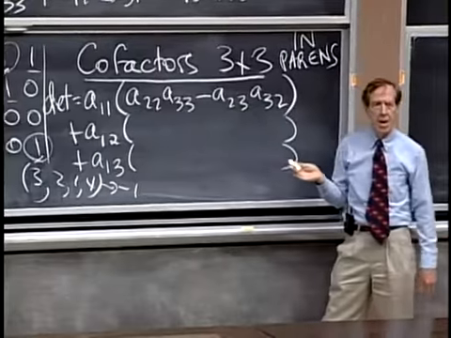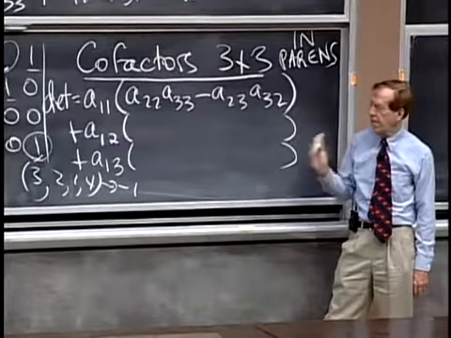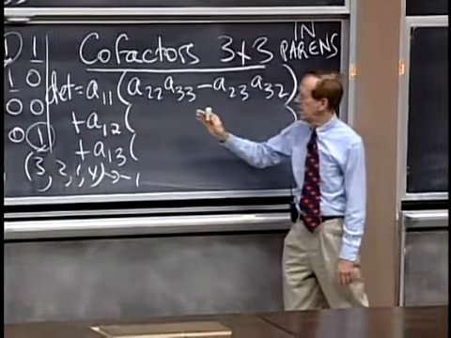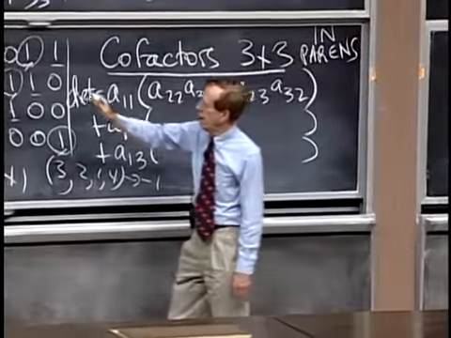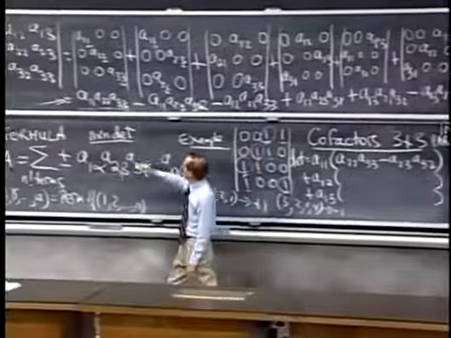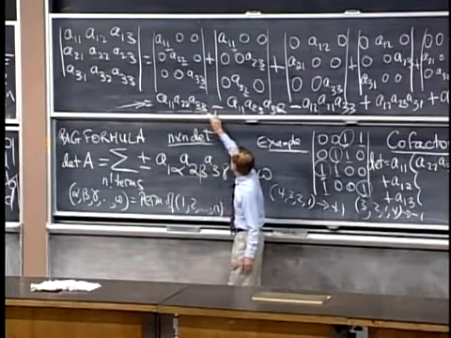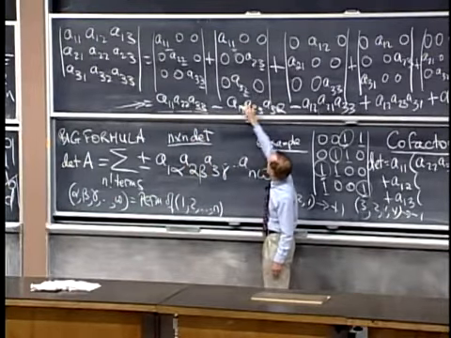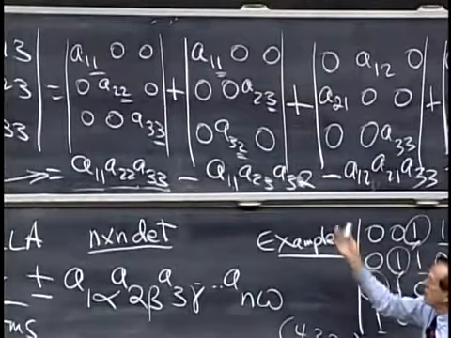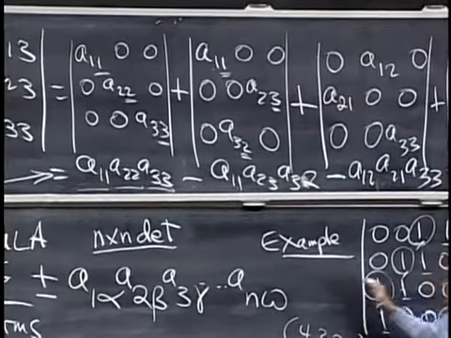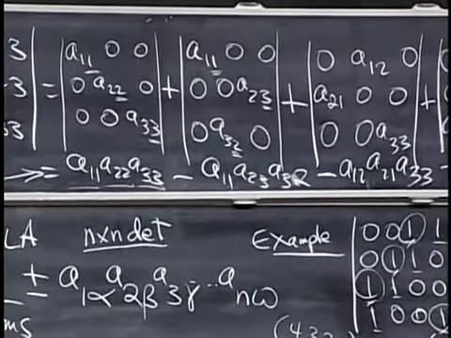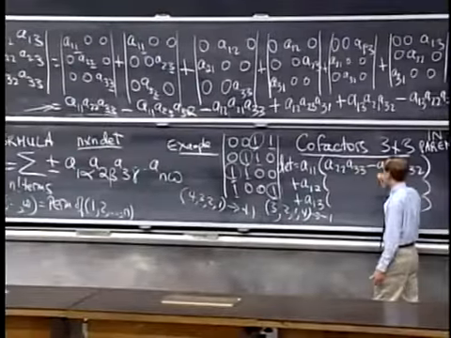A11 times something. And I figured out what that something was by looking back at the A11, the one that comes down the diagonal, minus the one that comes that way. Those are the only two that used A11. So there they are, one with a plus and one with a minus.